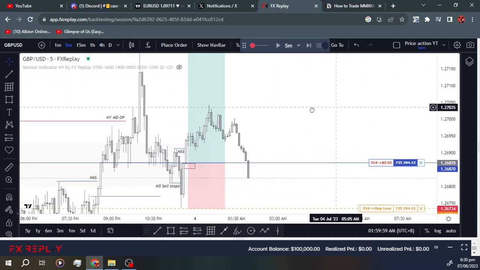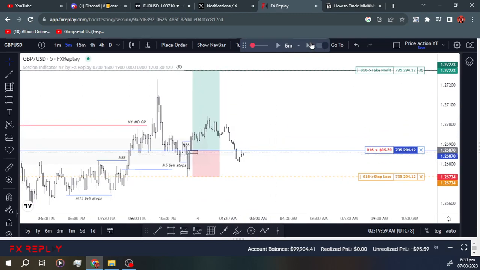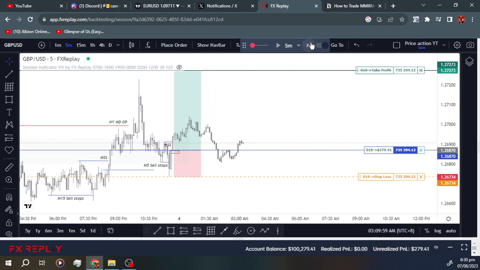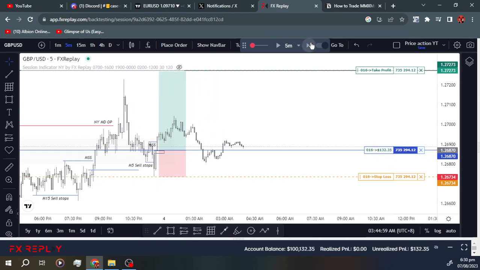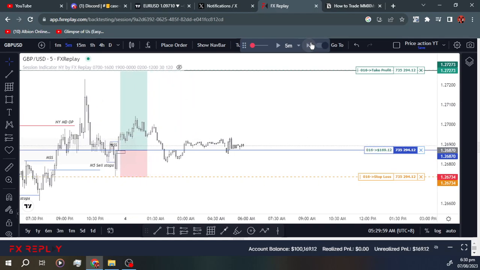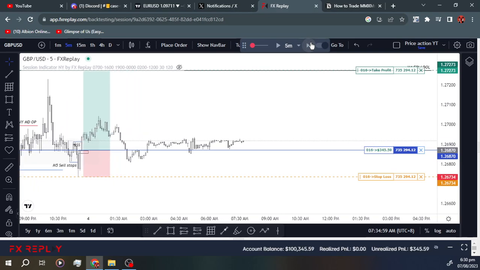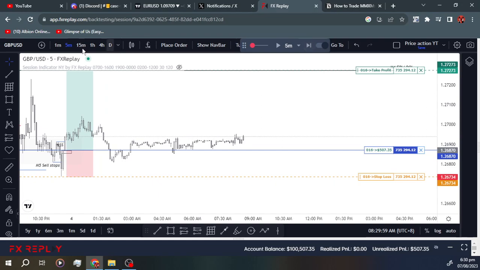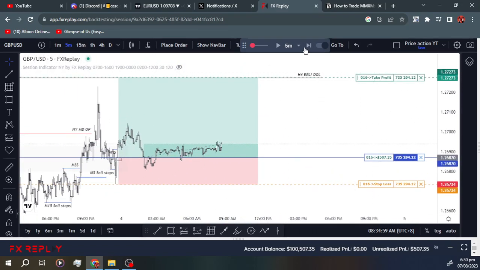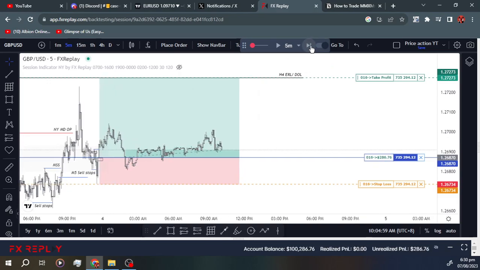Okay, looks like we're about to get stopped out, but no, I don't think so. Price is moving slowly. It's choppy.